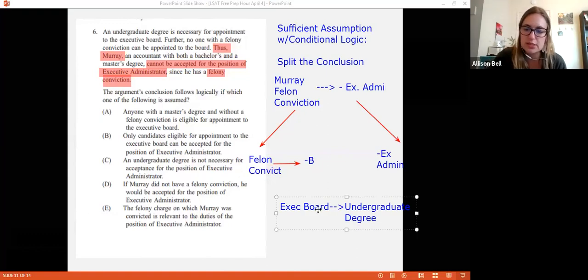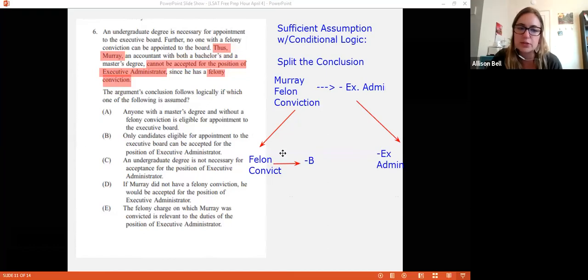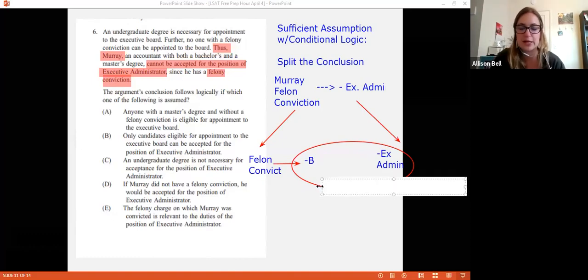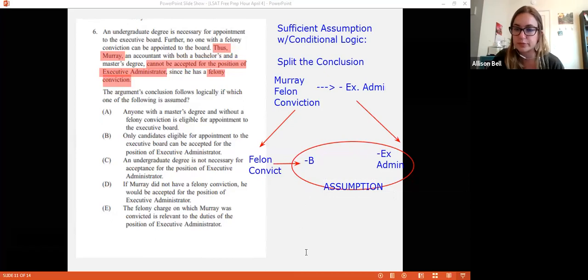So the reason this is helpful is if I can build this argument out in conditional logic and I can see where the chain breaks, there's nothing in the argument that connects this, then I have found myself an assumption. This is a missing piece of the argument that it would need in order for this conclusion to be true.